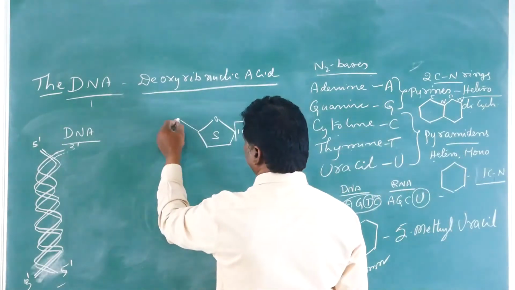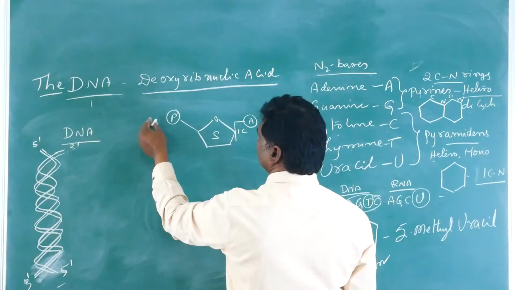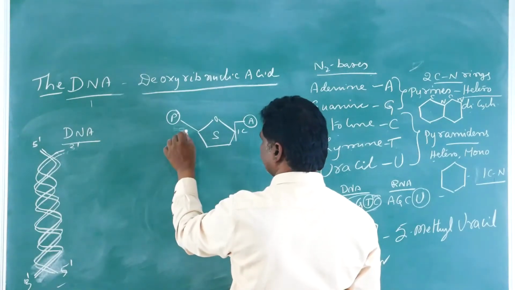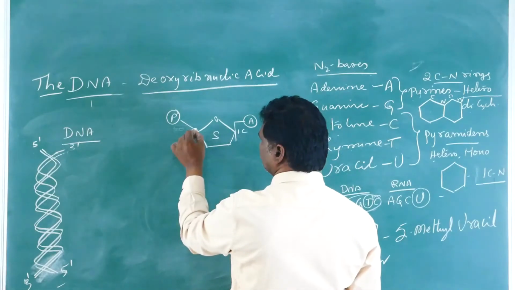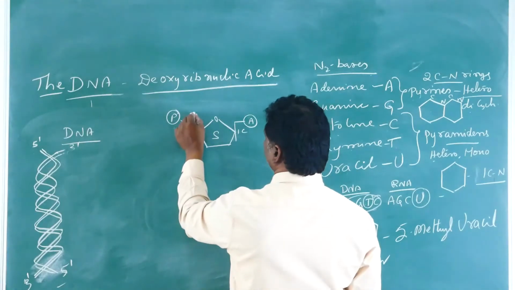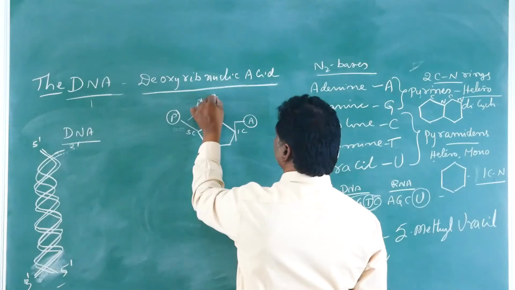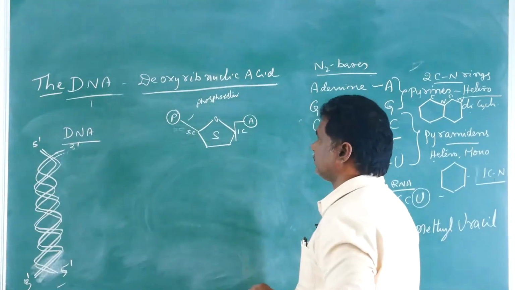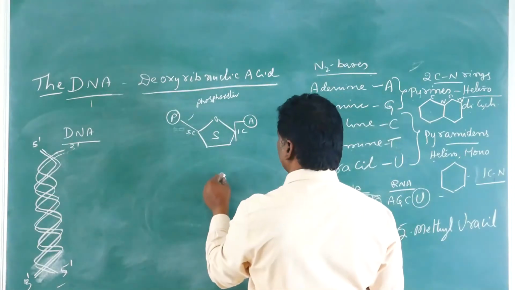The phosphate is attached to the fifth carbon atom by a phosphoester bond.